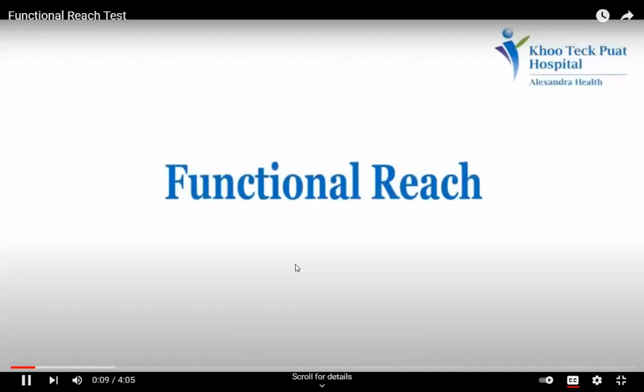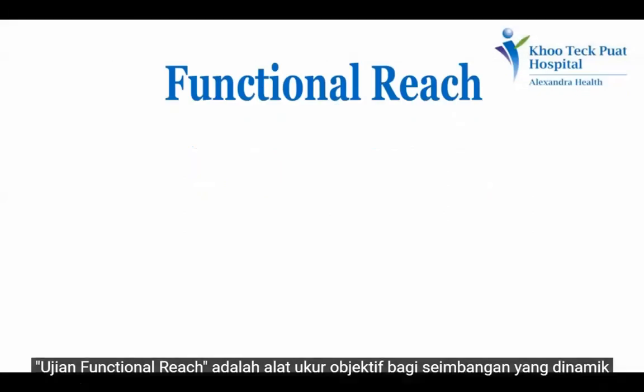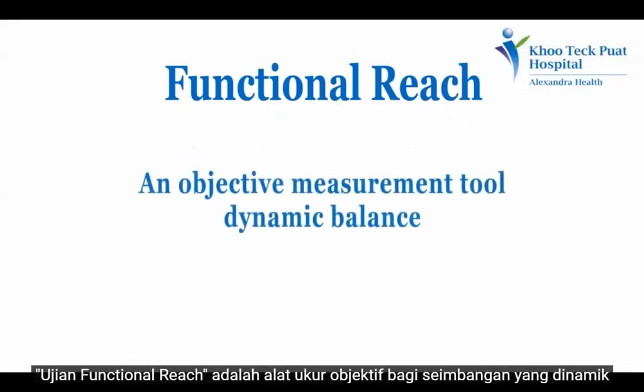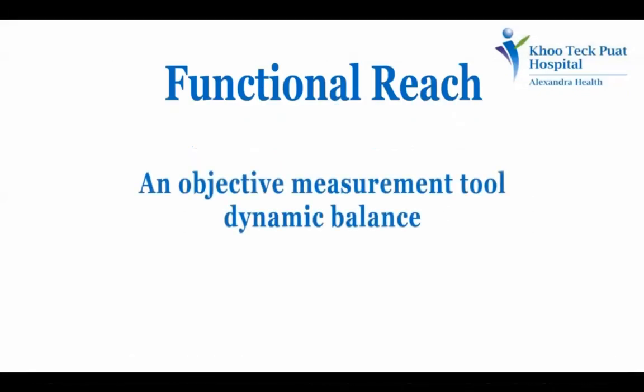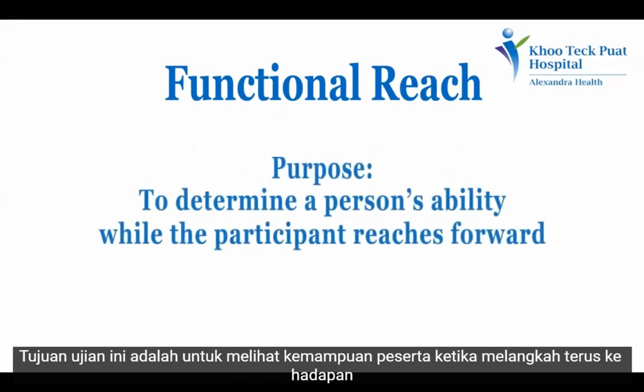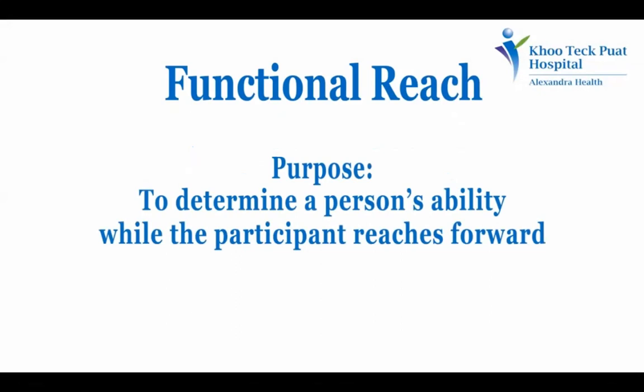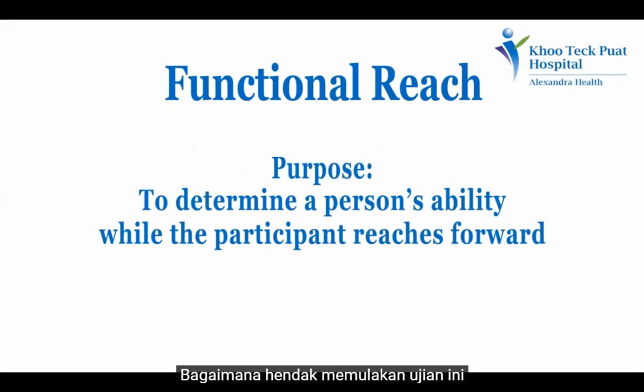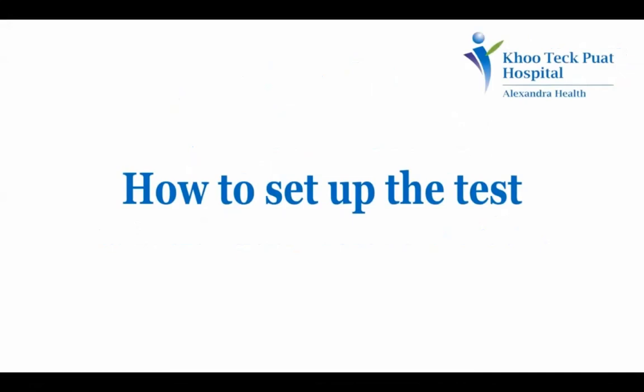Functional Reach Test. Functional Reach Test is an objective measurement tool of dynamic balance. The purpose of this test is to determine a person's ability while the participant reaches forward. How to set up the test?